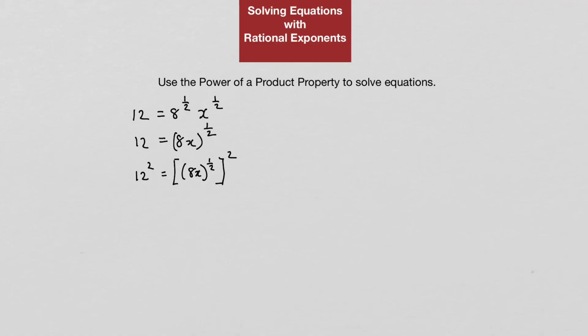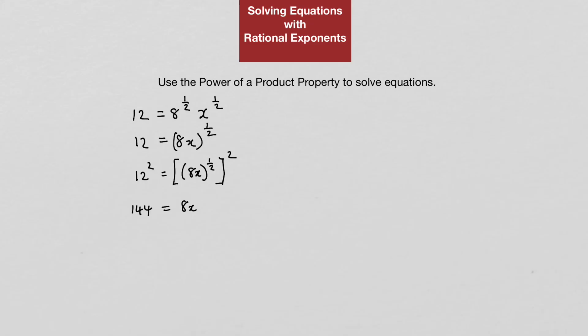And the reason we do that is because we want to take care of this 1/2 power. Now, if you recall from the previous example, when you raise a power to another power, we multiply those together. 1/2 times 2 becomes 1. So then what we get is 12 squared, which is 144, is now equal to 8x.